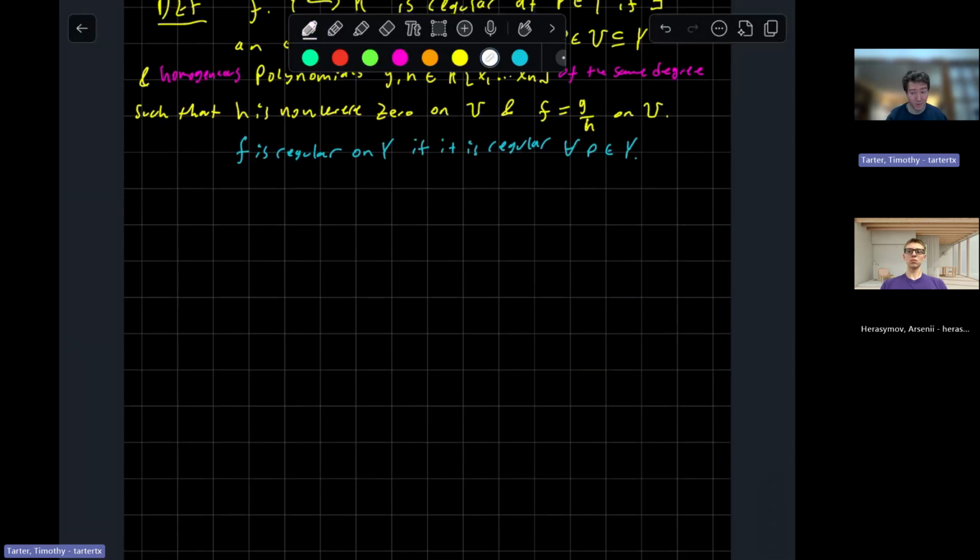I'm going to call this the gluing theorem. And there's a topological version of this as well that's kind of a subset of this property.